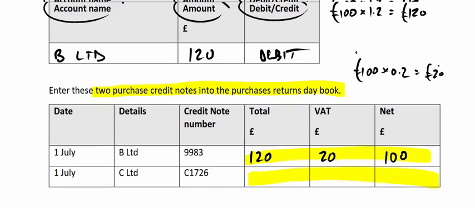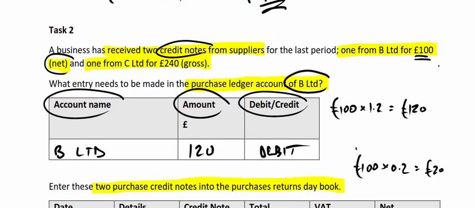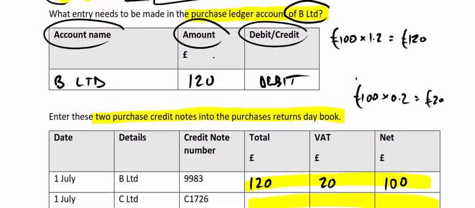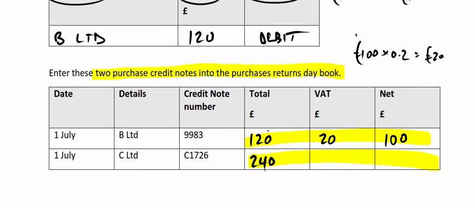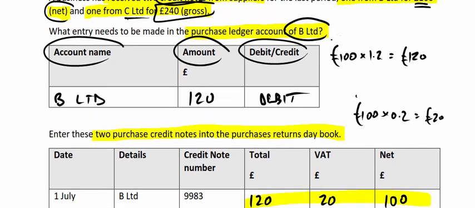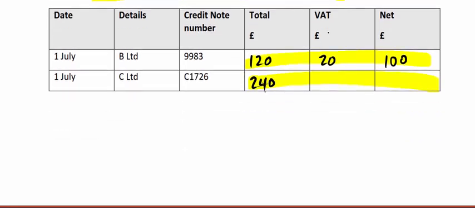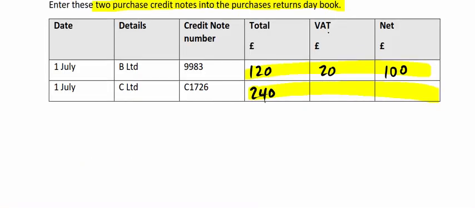Now when we come to looking at the credit note from C Limited, that was £240, but that was the full gross value. So that's the full total of the credit note. That's the amount we'd have to debit from C Limited's account in the purchase ledger. We then need to identify what the net value of that is. Well, to go from net to gross, we saw we multiply by 1.2 to add 20%. To go the other way, from gross to net, just do the opposite.